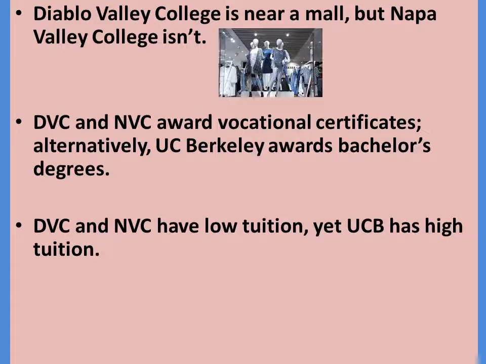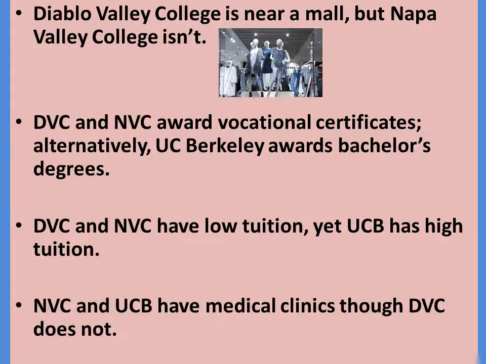Here we have DVC and NVC have low tuition, yet UCB has high tuition. The yet shows a difference. NVC and UCB have medical clinics, though DVC does not. So we have the and showing how Napa Valley College and UC Berkeley are the same, and the word though showing how Diablo Valley College is different.